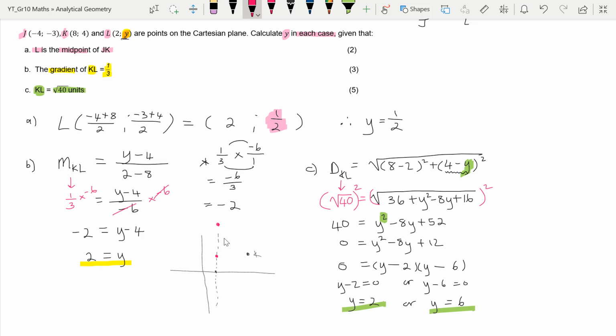Now, they both can work, because our distance from there to there can most definitely be equal to the square root of 40. But the distance from there to there can also be the square root of 40. I know it doesn't look it right now, but I was just plotting. It's not to scale. But that's why in this case, both those solutions will work. It's perfectly fine.